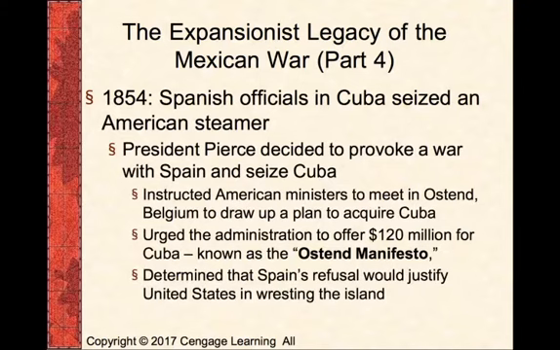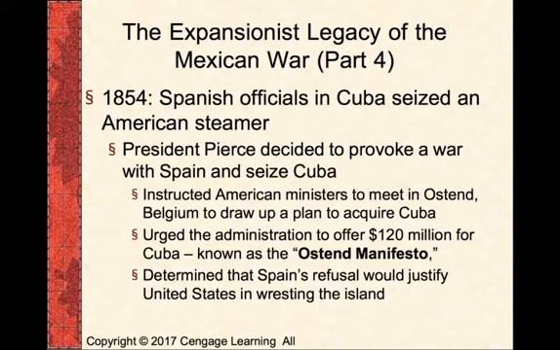In 1854, in retaliation, Spanish officials in Cuba seized an American steamship. President Pierce decided to provoke a war with Spain and seize Cuba, and he instructed his American ministers to meet in Ostend, Belgium, to draw up a plan to acquire Cuba.